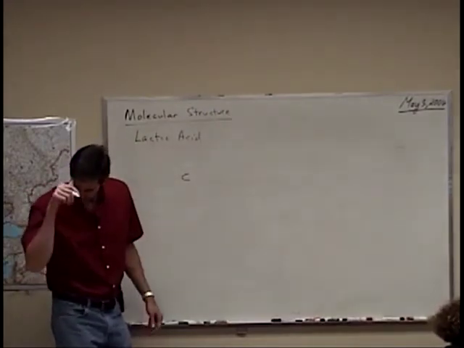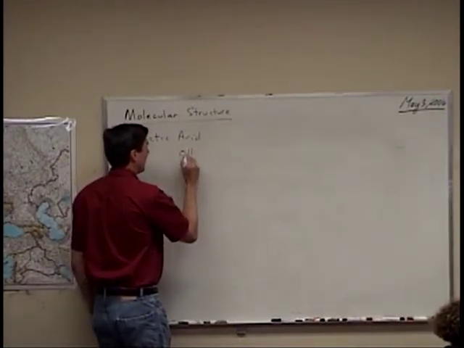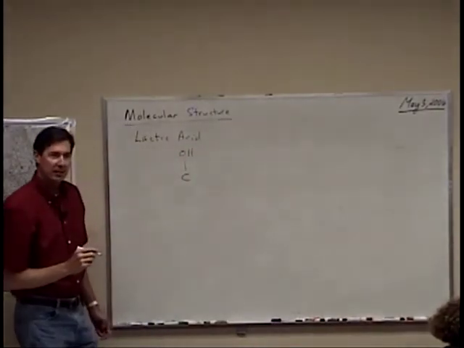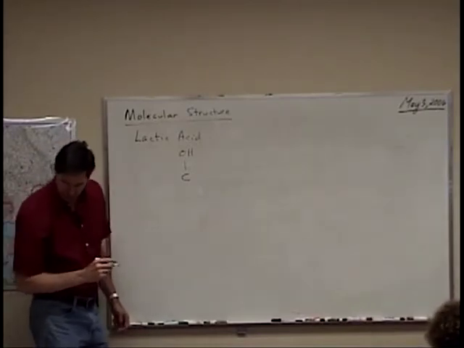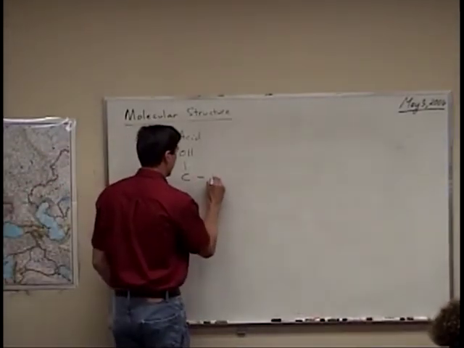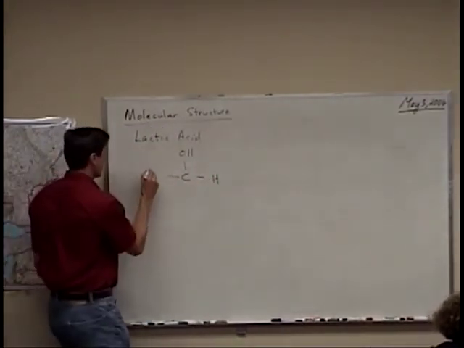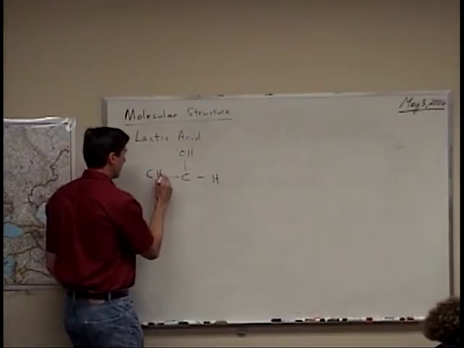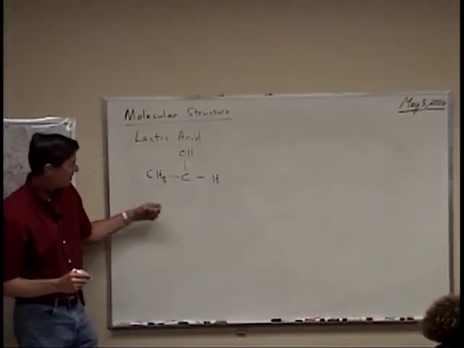So one of them is an OH group, an oxygen attached to a hydrogen. One of them is just a hydrogen. The other group is a carbon attached to 3 hydrogens.